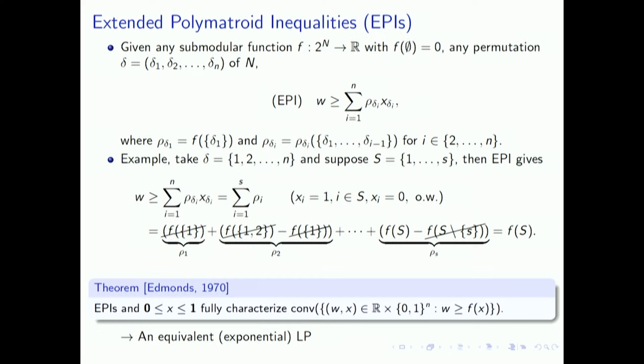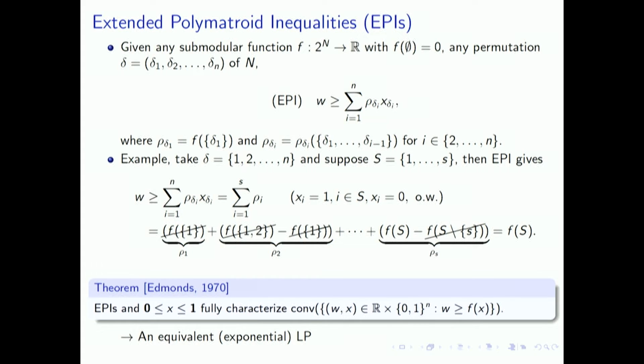And if you look at the marginals, like I said, it's the marginal of adding one element to the nested set up until that element. A lot of things will cancel out, and you'll get that function value. So the inequality is achieving exactly the function value that you need if you take the order to be this way.